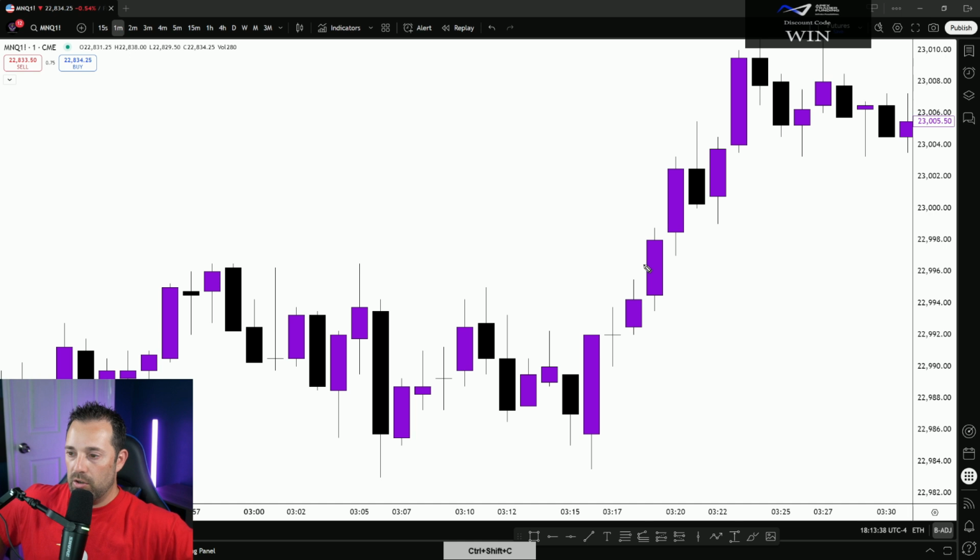So let me show you another example of what it doesn't look like. Let's look at these 3 candles, and it doesn't matter if they're up or down. 1, 2, 3. You see how the high point of this candle goes all the way up here, and the lowest point of this candle is down here.